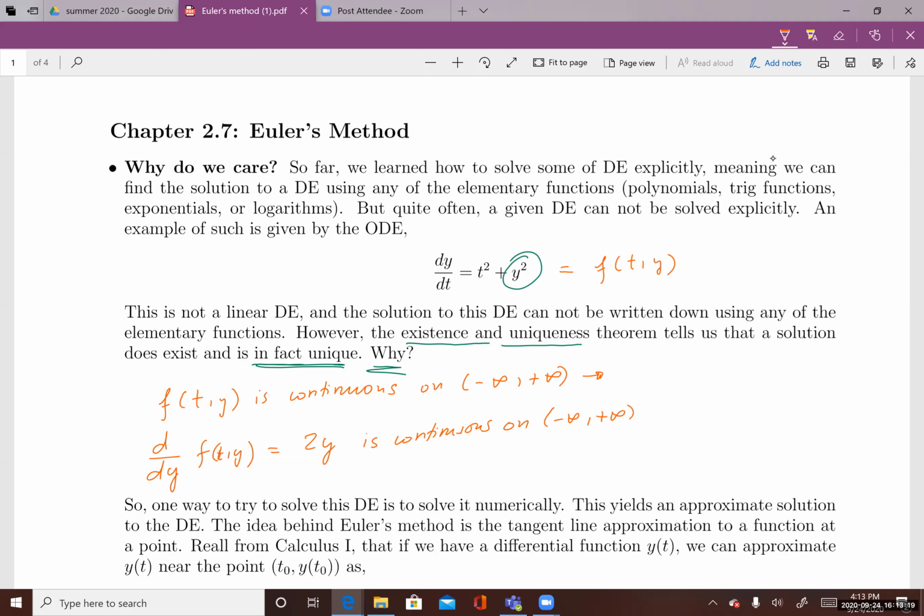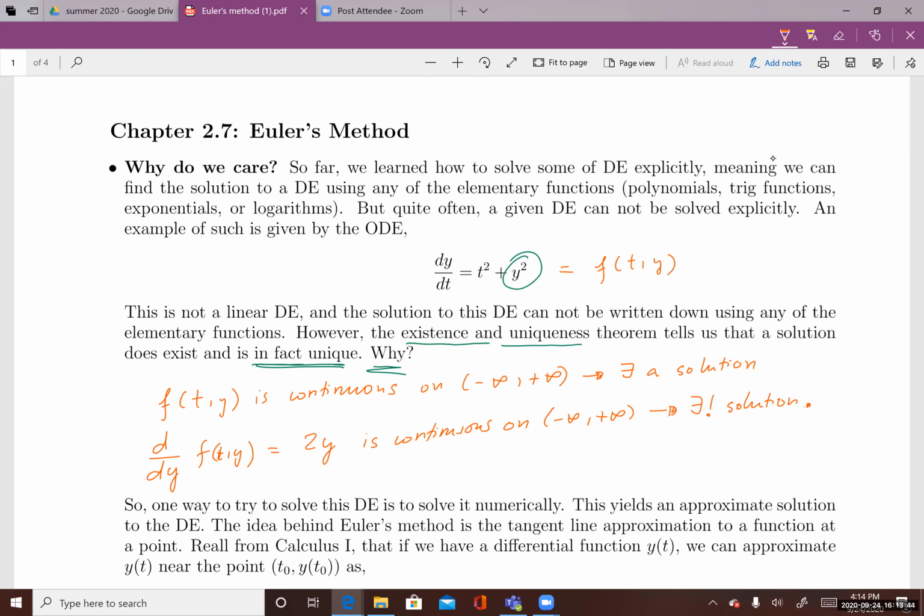So from this fact, that means there exists a solution. And from this fact right here, that means there exists a unique solution.